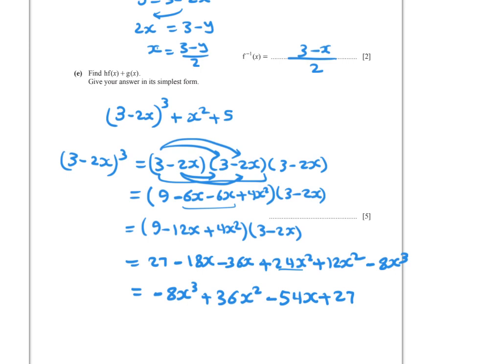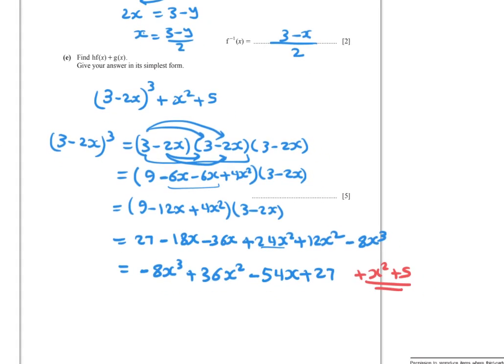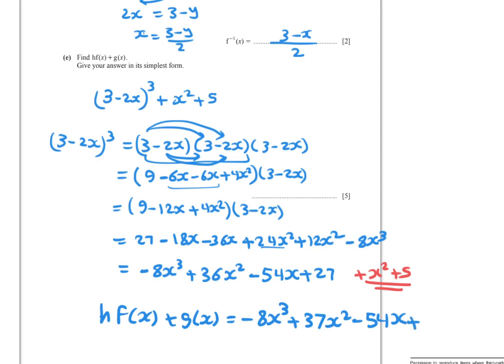So the answer for hf(x) plus g(x) will be negative 8x to the power 3 plus 37x squared minus 54x plus 32.